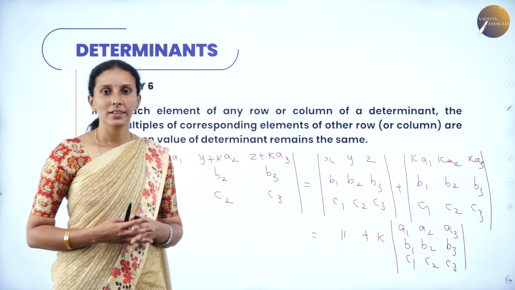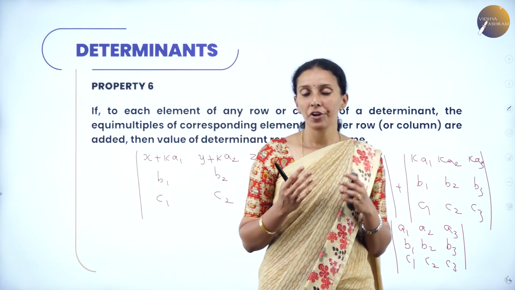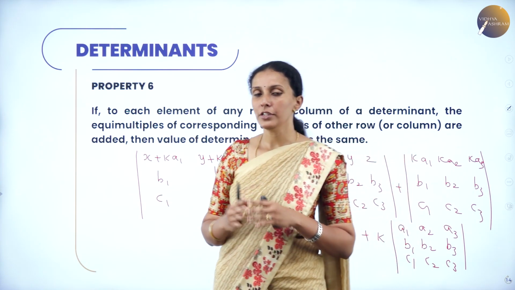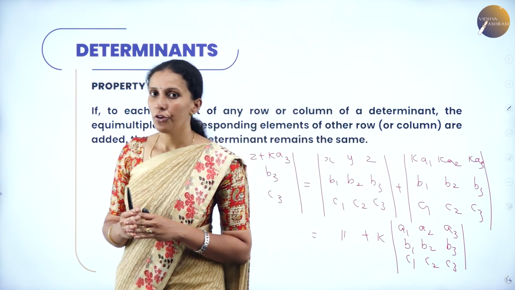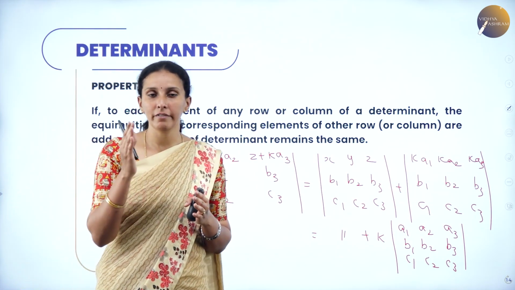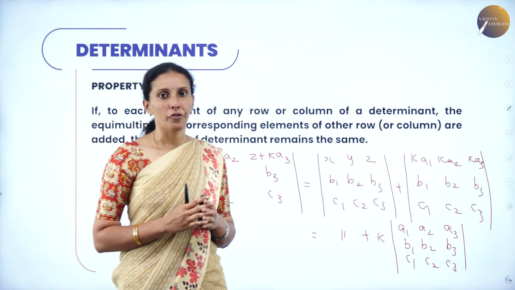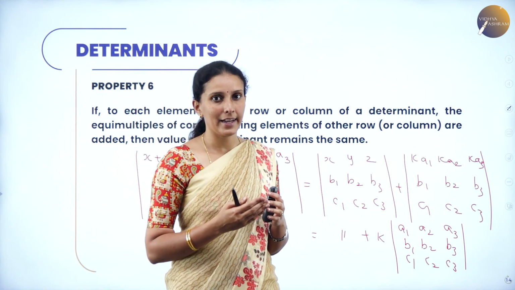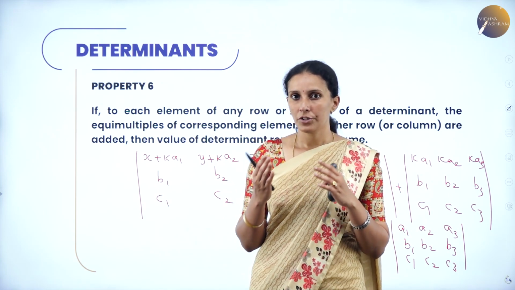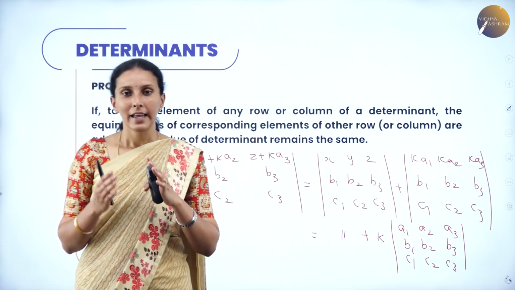As in the case of matrices, we have learned how to apply elementary row operations or column operations. In the case of determinants also, we can apply elementary row operations or column operations to find the value of the determinants. We should also make a note of it: if any one rule is taken to apply a row operation or a column operation, it should not affect any other row or column again.